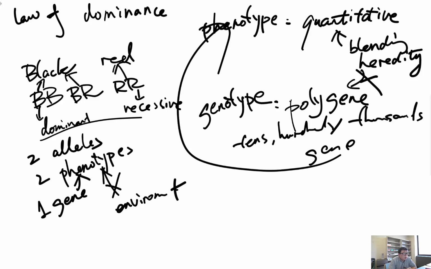So that's the most common situation in human heredity: polygenes determining a quantitative phenotype. That's the most common way. And again, the law of dominance can only apply to a very few genes in the case of human phenotypes or diseases. The most common case is polygenes determining a quantitative phenotype, and in between there are some other genetic phenomena.